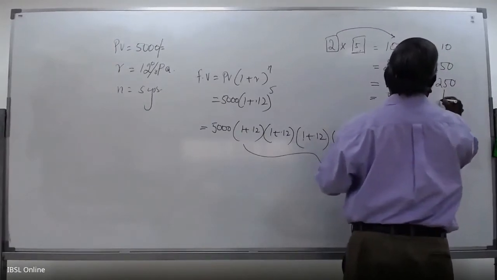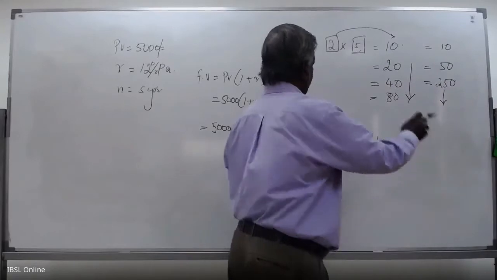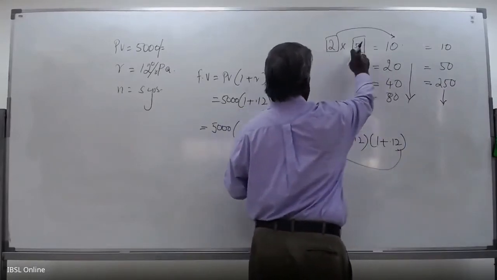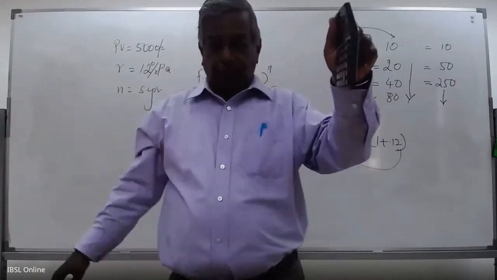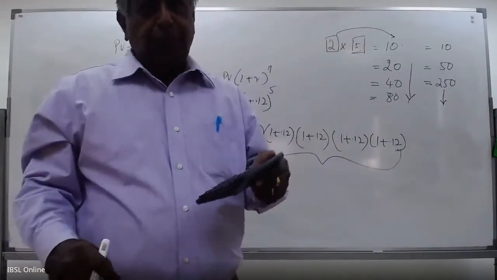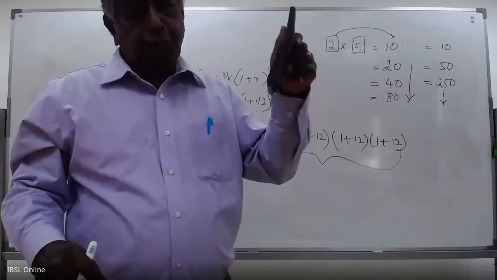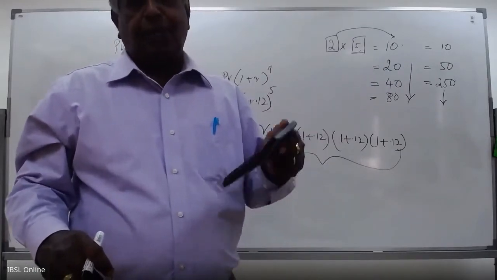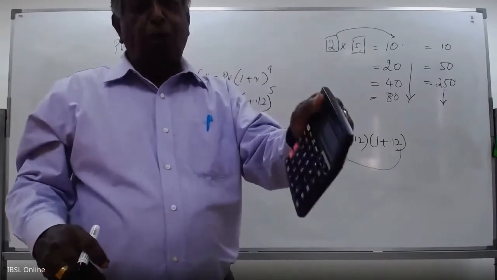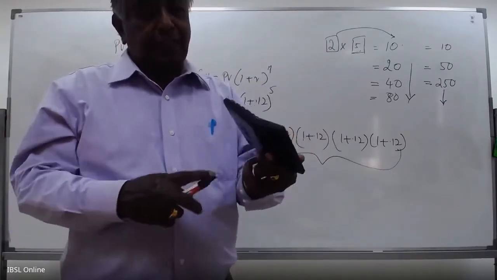It goes on. Either the first digit or the second digit multiplies the answer, so you must check what type of calculator you have. You can use this facility in an ordinary calculator for our calculation.